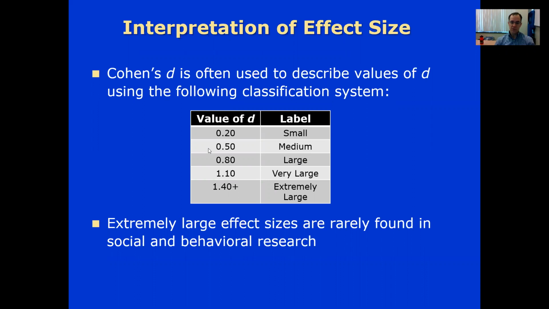Typically in the type of research in kinesiology, you would get something below 1. If you do get an effect size above 1.4, that might be an indication, at least in social and behavioral research, that the data was collected incorrectly or the analysis was done incorrectly, and hopefully this wouldn't be the case, but the data might have been manipulated by the investigator.